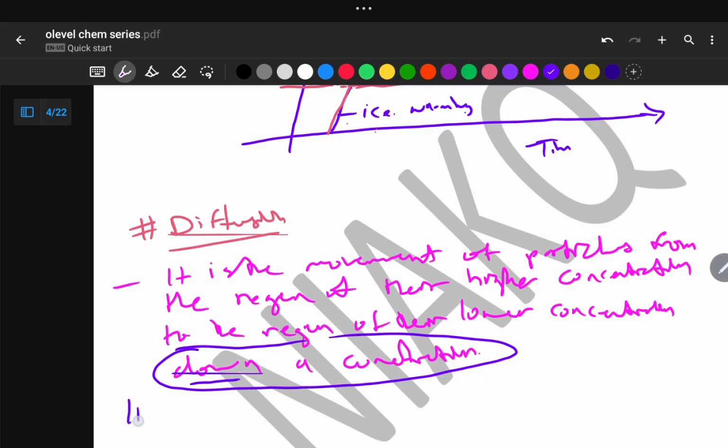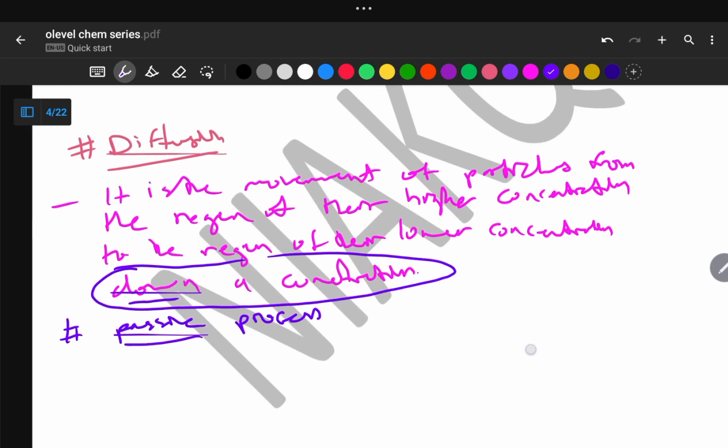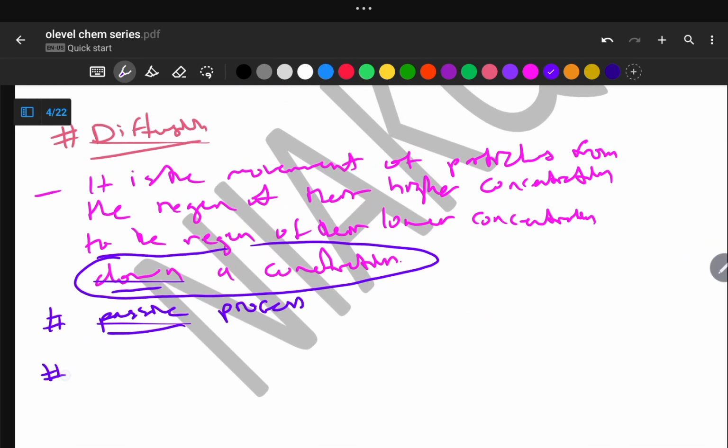You also need to take note that diffusion is a passive process. What do we mean by passive process? We are simply saying that it doesn't require the use of energy.